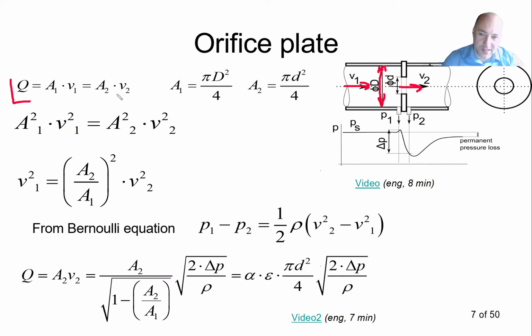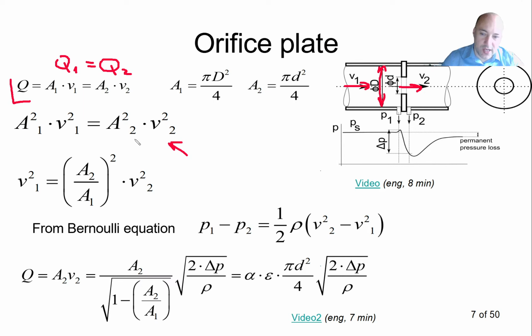So this is what the first equation says. We see that the flow rate here is equal, so let's call it Q1, and this is equal to Q2, the flow rate in the orifice plate. The cross-section, that's clear how you calculate that, that's simple geometry. Now we can use the equation that we can see here.